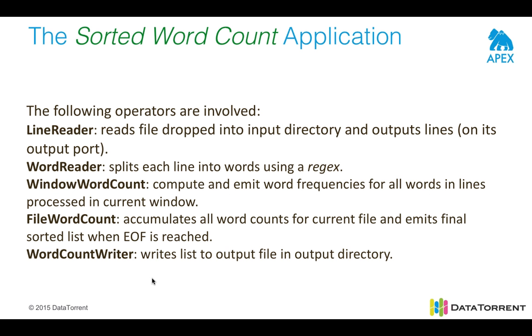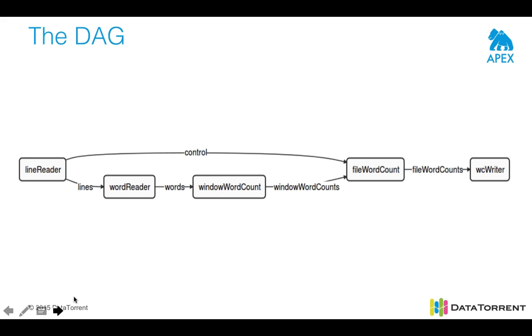So this will compute the frequencies in each window and then emit the results on the output port. That data goes to the file word count operator, which accumulates all the word counts for all the windows, and it gets a notification from the line reader saying that the end of file has been reached. When that happens, it will then emit the sorted word count on its output port, and finally the word count writer will write the list to the file.